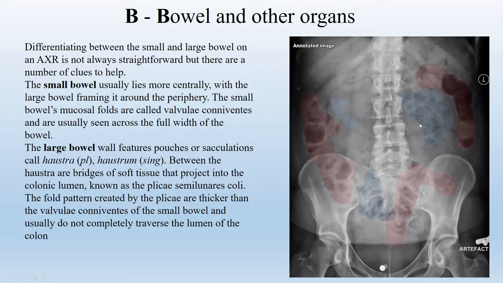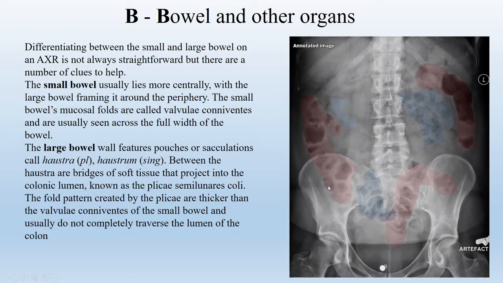Unfortunately, it's not that visible in this case, but they are called valvulae conniventes, and their specificity is that they cross through the full width of the bowel. On the other hand, the mucosal projections in the large bowel, which are called haustra, do not cross the whole lumen of the large bowel.